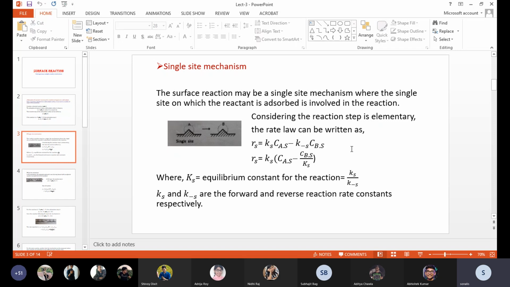If we have taken 5 gram of catalyst, it will be moles of active complex sites per gram of catalyst. That will be the concentration.